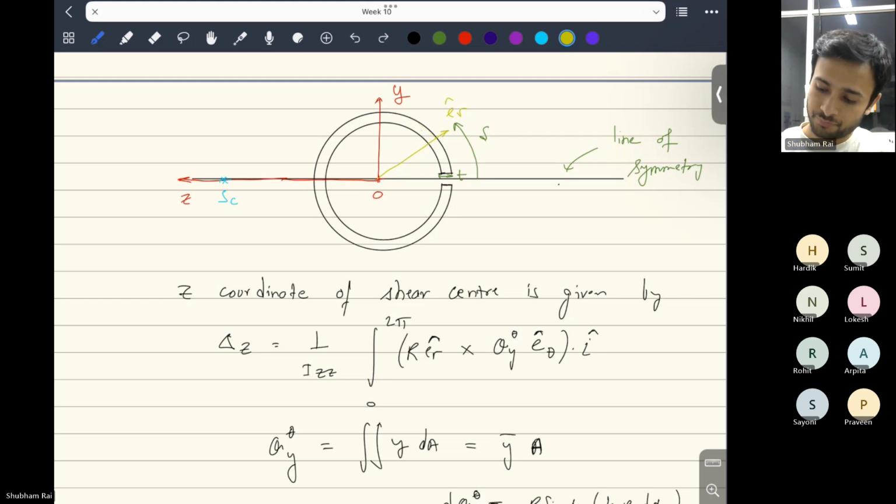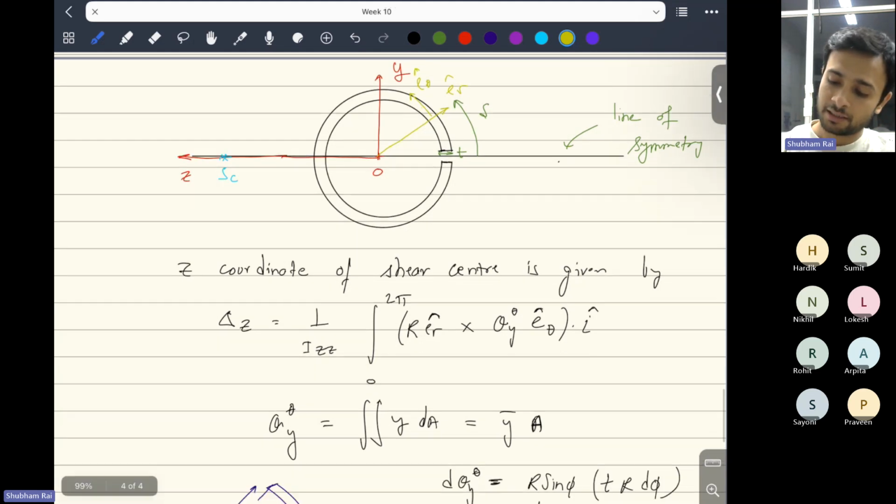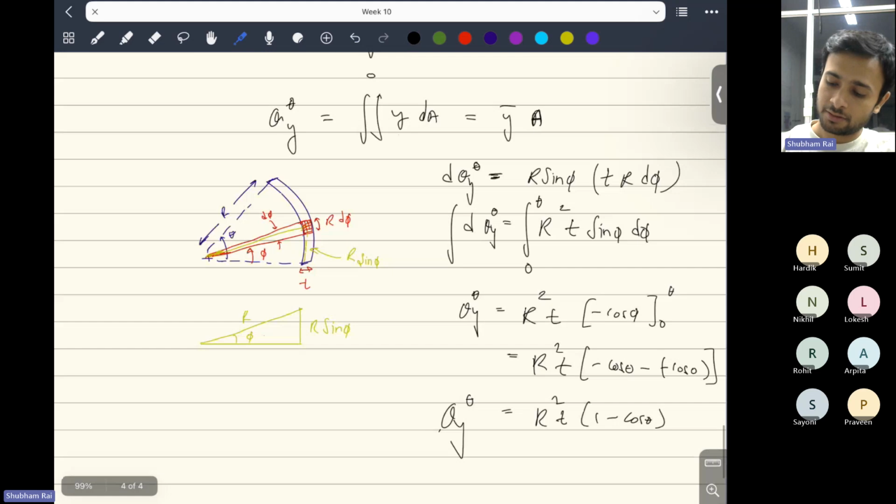So er cross e theta will give you ex. If you apply the right hand thumb rule, you'll get ex, that is the i cap direction. And you are dotting that with i cap, so you'll get 1.